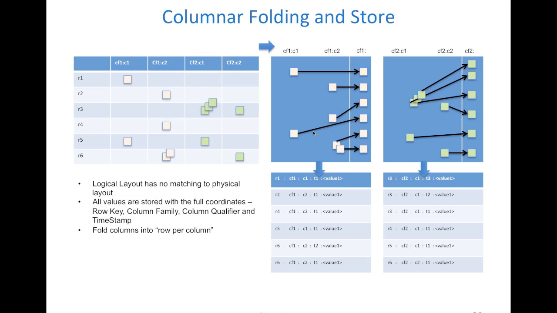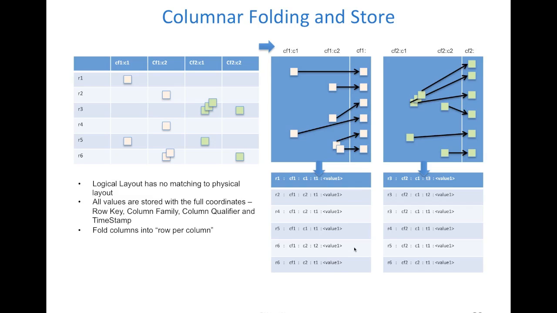Then there are duplicate boxes where HBASE can carry time dimensions also. Now if you fold this, all columns basically go into one column, and each column family would basically end up in a distinct file system.